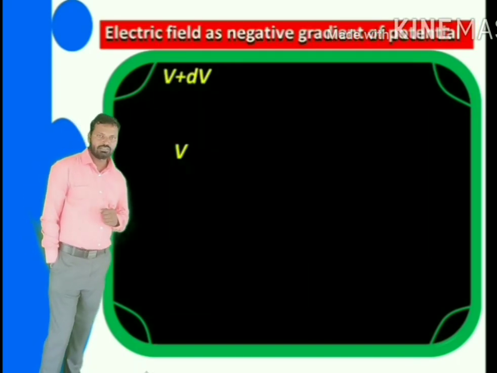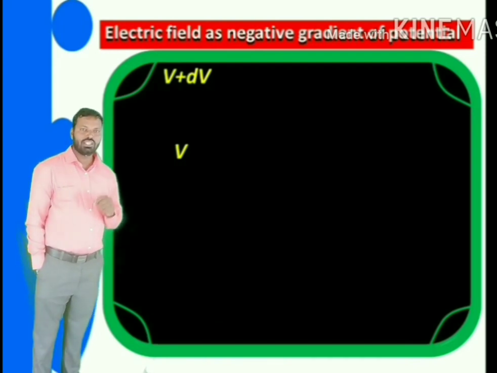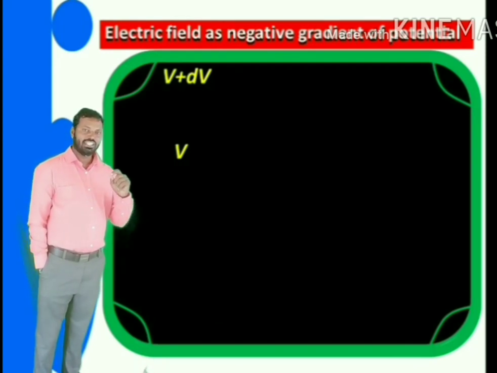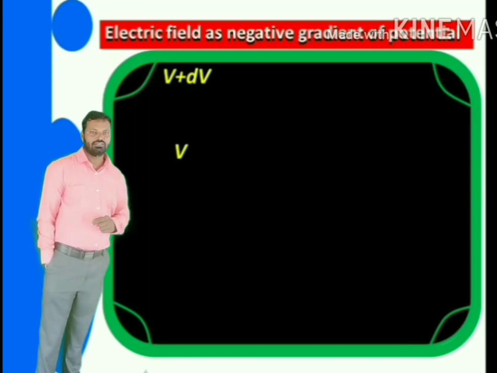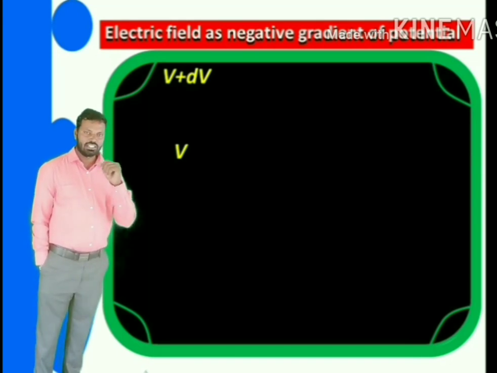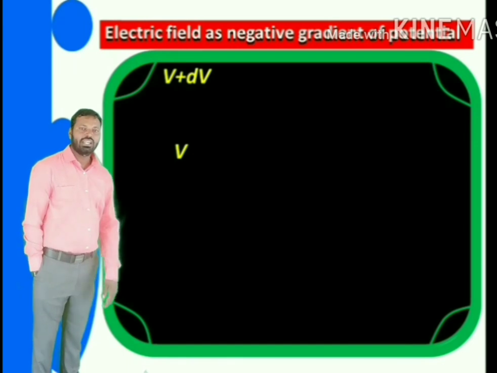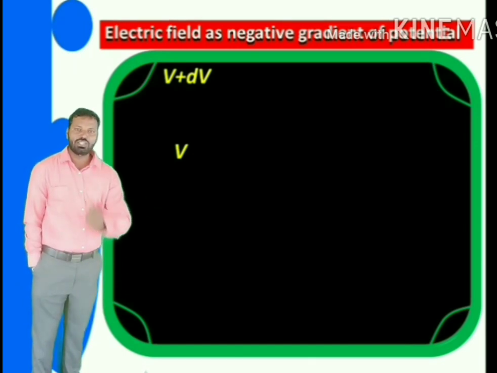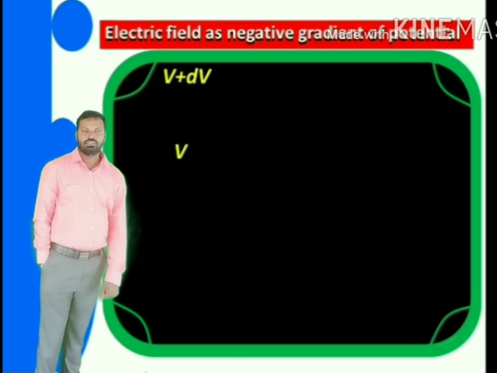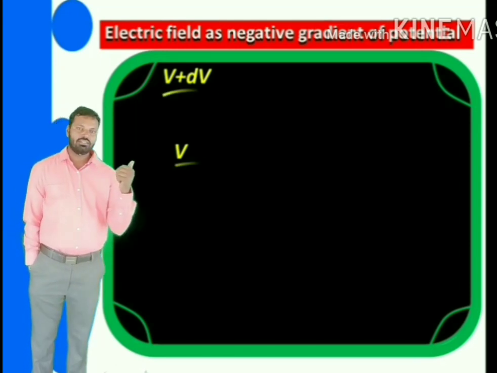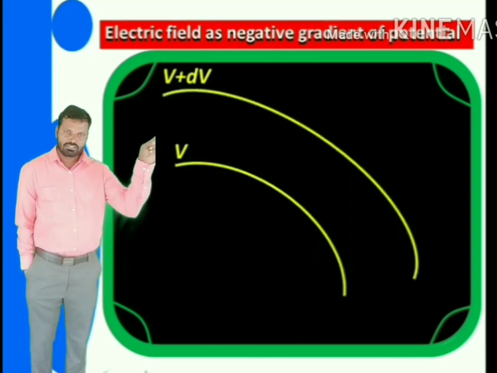Next derivation: how to show that electric field is the negative gradient of potential. In the previous derivation, we showed that potential is equal to the integration of electric field. In this case, we will show that electric field is the negative gradient of potential. For this, see here, there are two potential surfaces.